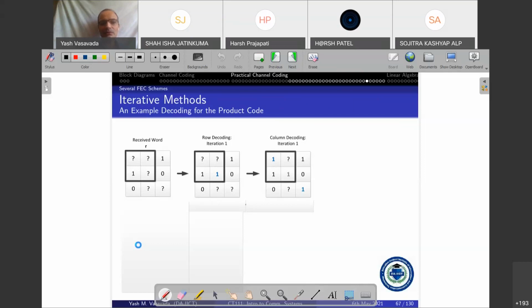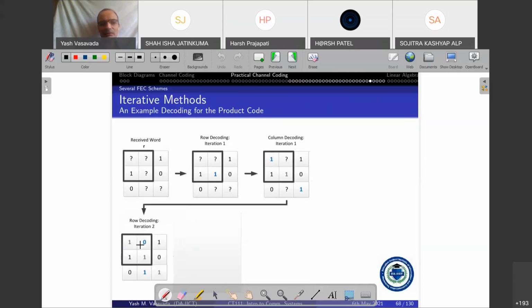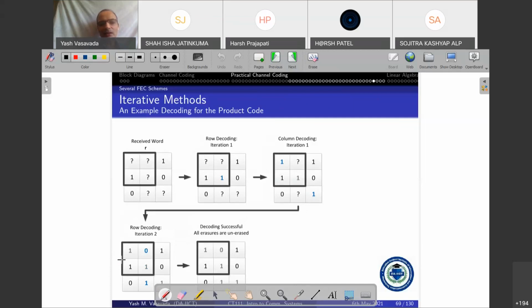And so actually in the second iteration, by the time it finished row by row, it is already done. It doesn't even have to go to the second part of the column by column iteration. You will see that all of the erased bits have been successfully unerased. This exactly was the transmitted code word.